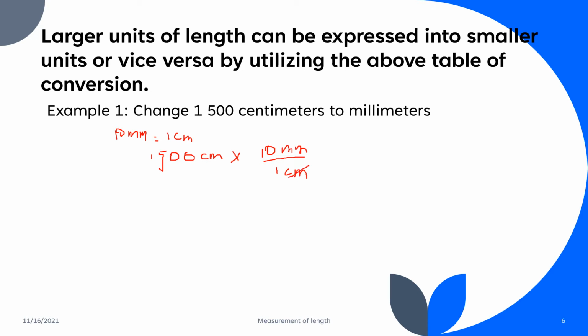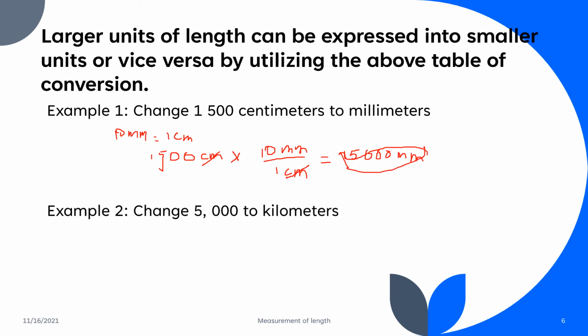We cancel the centimeters. So we get 15 times 1 is 15, and then we just add 3 zeros. And then the unit is in millimeters. Okay, that is correct.